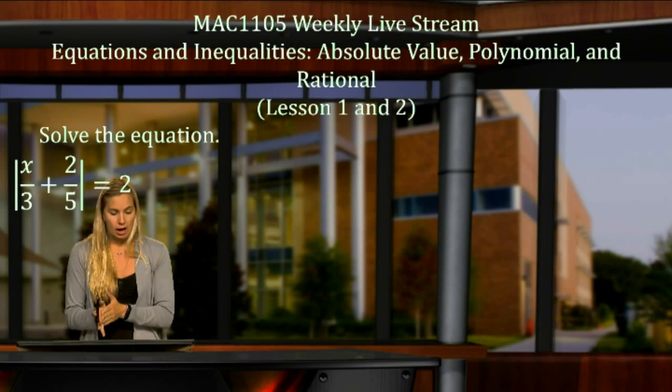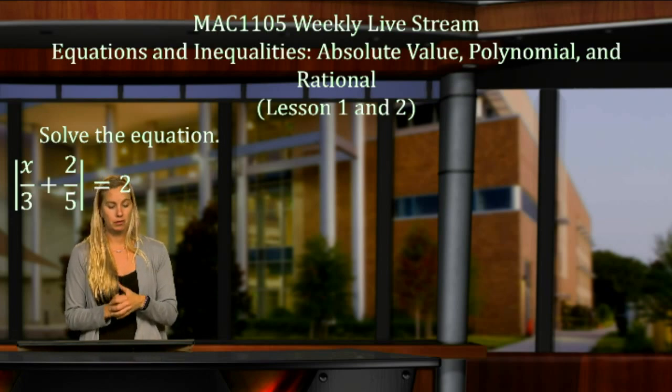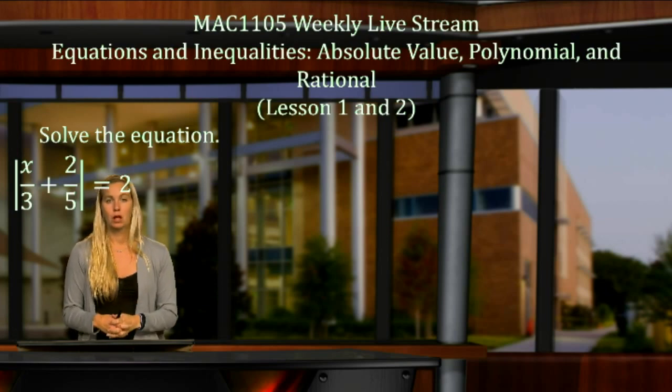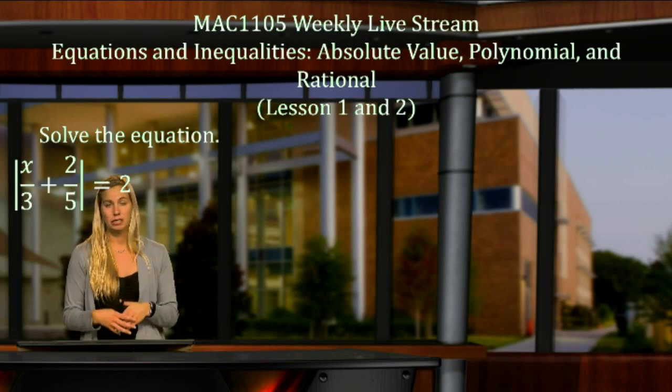So we're looking at first an absolute value equation, the absolute value of x over 3 plus 2/5 equals 5. The emphasis on the definition of absolute value is going to be really crucial to understanding how we set up these equations and inequalities. Absolute value is referring to the distance something is from 0.